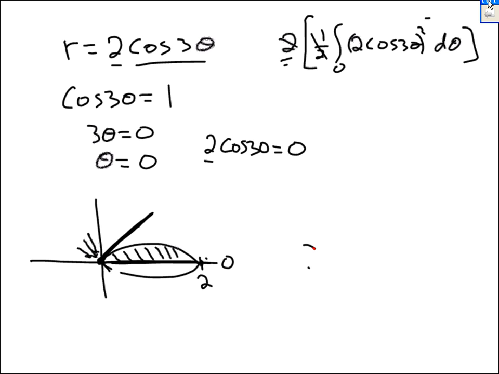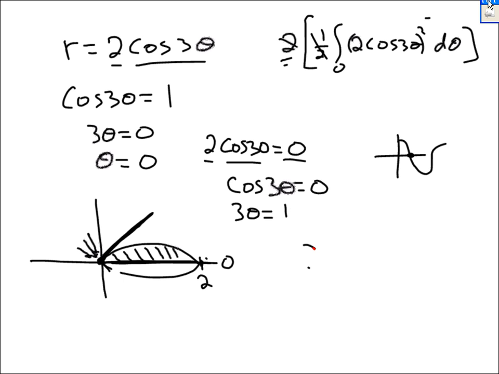If 2 times that is 0, it must be that cosine is 0. The smallest time cosine is 0 is at pi over 2. So I let 3 theta equal pi over 2, divided by 3, I get pi over 6.